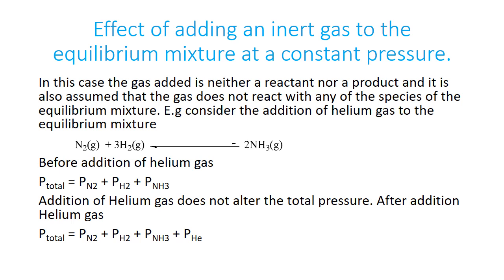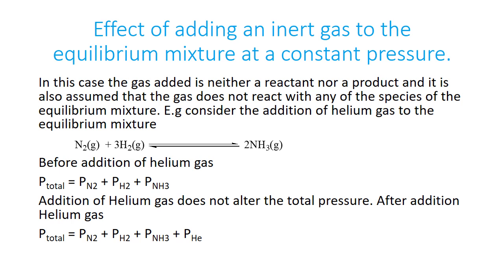Next, we look at the addition of an inert gas to the equilibrium mixture at constant pressure. An inert gas is something which does not react with any of the contents in the equilibrium mixture or affect anything. For example, helium gas.